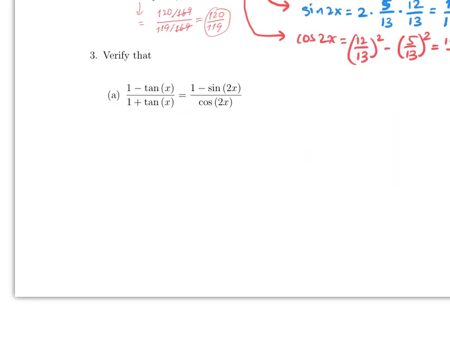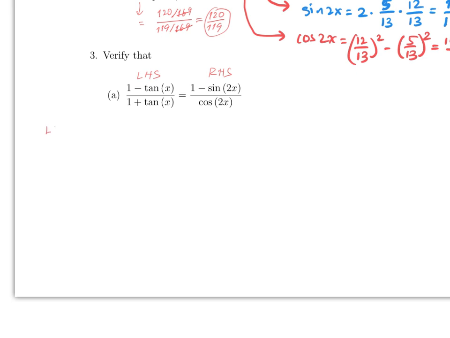All right, so number 3 is asking us to verify that this side is equal to this side. You can go from left to right or right to left. Let's say this is the left hand side, this is the right hand side.